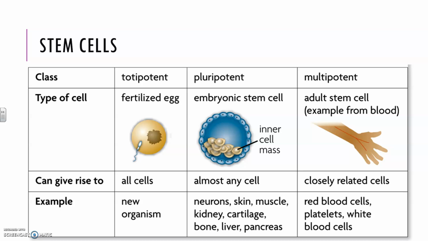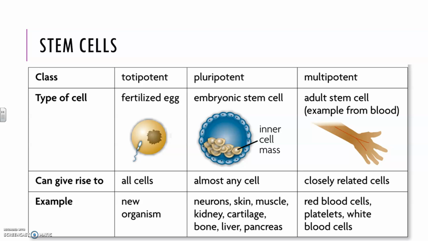When we talk about doing research with stem cells, generally we're talking about pluripotent. Okay, in this case, it's showing embryonic stem cells. Okay, so this is kind of a very simplistic version of an organism developing. Okay, so it's an embryo that has divided several times, and now we have a mass of cells.